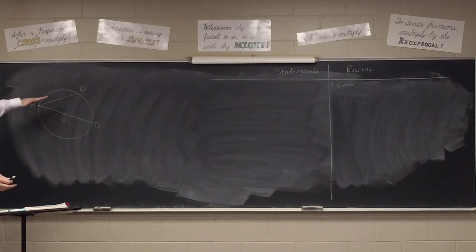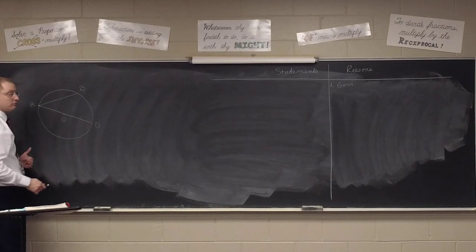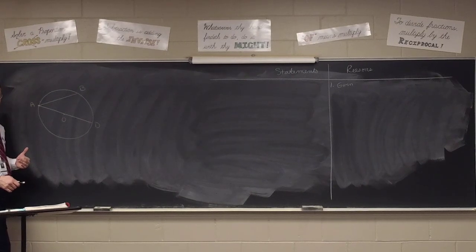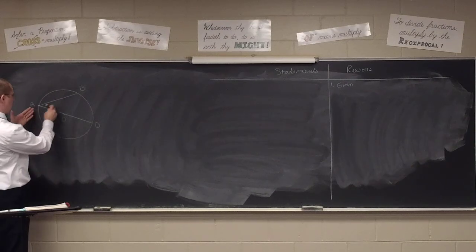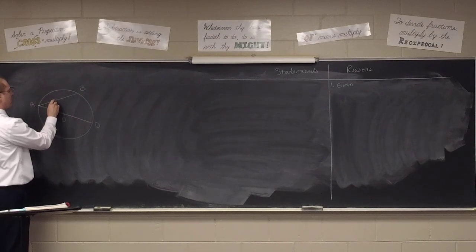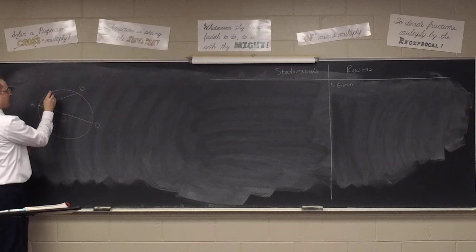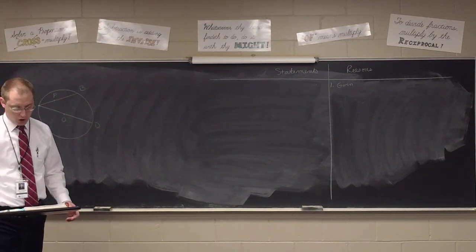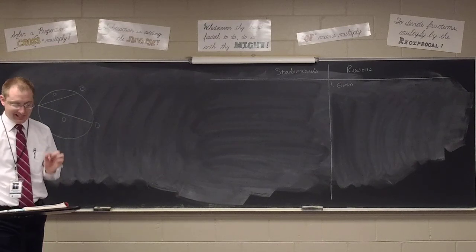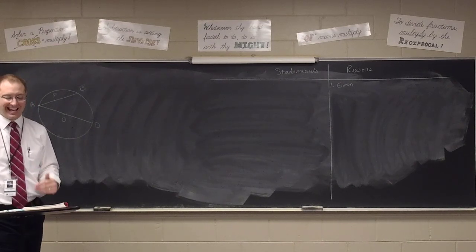Now, in my chord AB, I've got to pick any point and call it P. Pick any point and call it P. So I'm going to go closer to A. I'm going to just pick a little point down here and call this point P. But from P, I've got to draw a perpendicular down to the diameter AD.